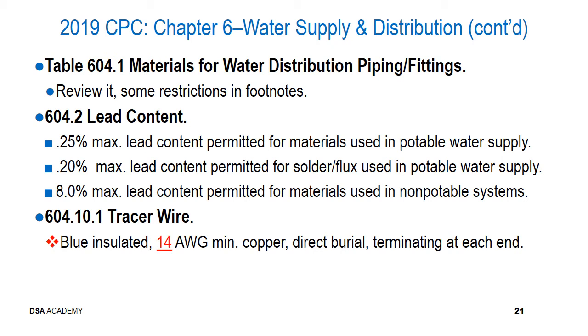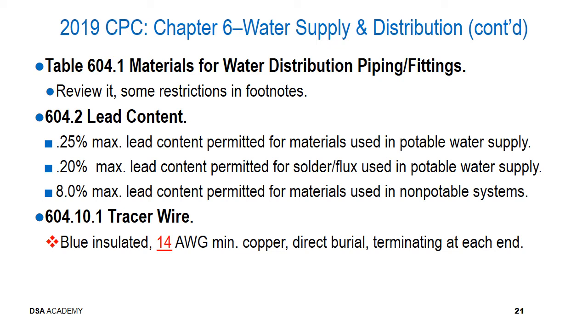Generally speaking, there's an entire variety of acceptable products to use for distribution of potable water. Asbestos cement pipe, brass, copper, CPVC, ductile iron, galvanized steel, polyethylene, PEX, polypropylene, PVC. There's a whole variety of them. So this particular table is extremely important.